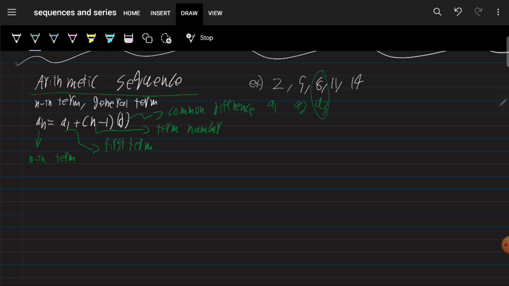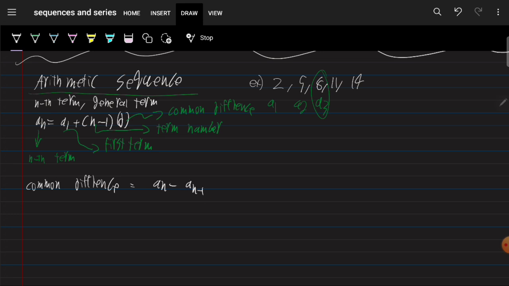Okay, I'm going to give you a formal formula for finding the common difference. So the common difference is given by taking any term in a sequence and subtracting the previous term from it.